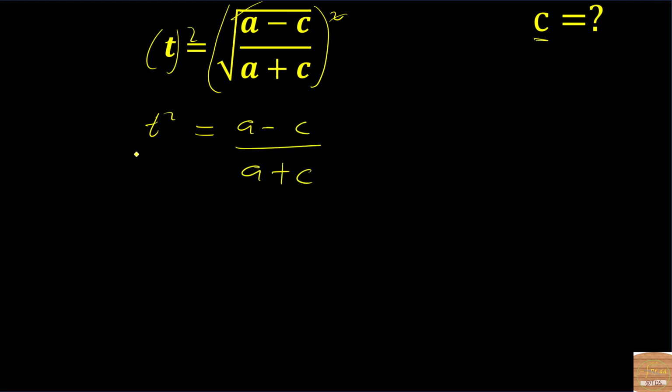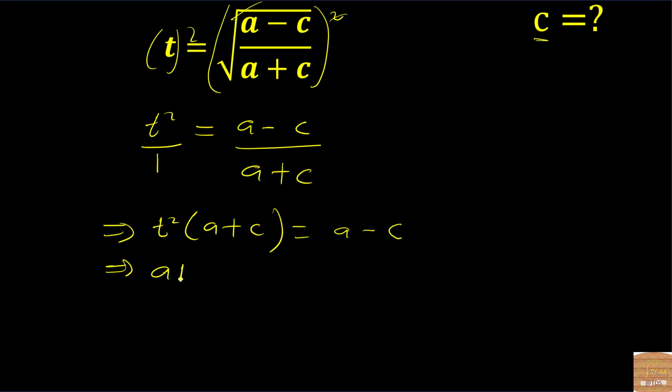So let's make this over 1. Then we have t squared times a plus c equals, now 1 times a minus c is a minus c. So let's expand the left hand side: a t squared plus c t squared equals a minus c.